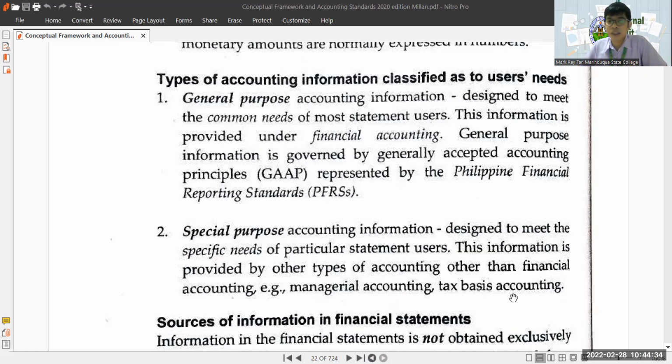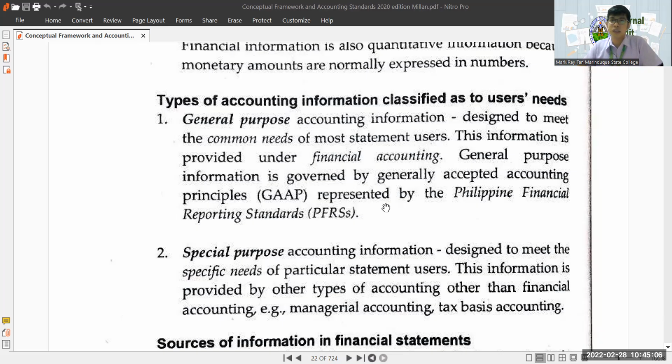Pag naman tax basis accounting, ang user natin dito, normally it is the other business, yung mga client. Included din dito yung not the management na, pero yung mismong business itself, no? Kumbaga ang involved dito yung mga preparation of tax returns, submission of income tax returns to the BIR. Okay, guys? So that's the accounting information classified according to the needs of the users.